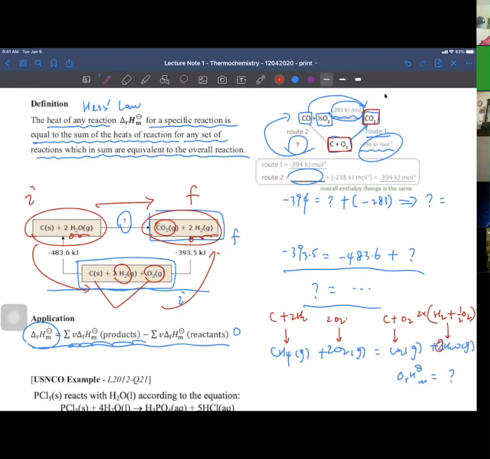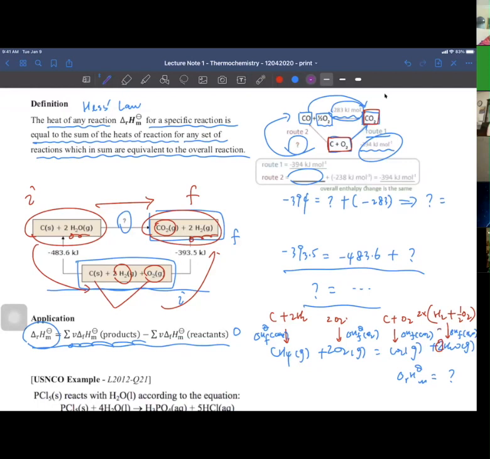So which means this is the delta HF of CH4. This is the delta HF of O2. This is the delta HF of CO2. This is the delta HF of water times 2.